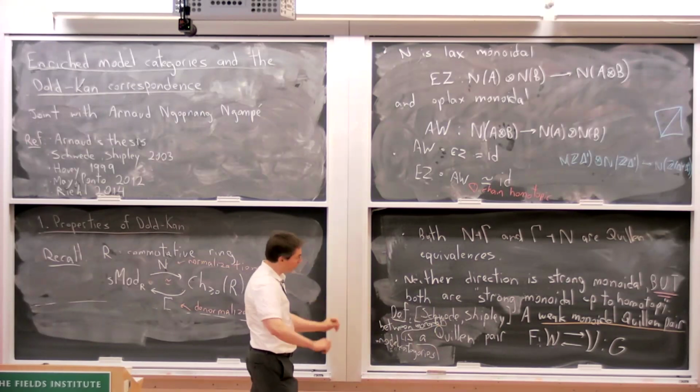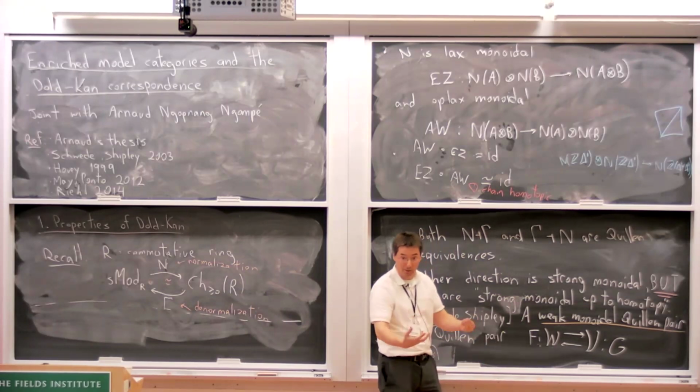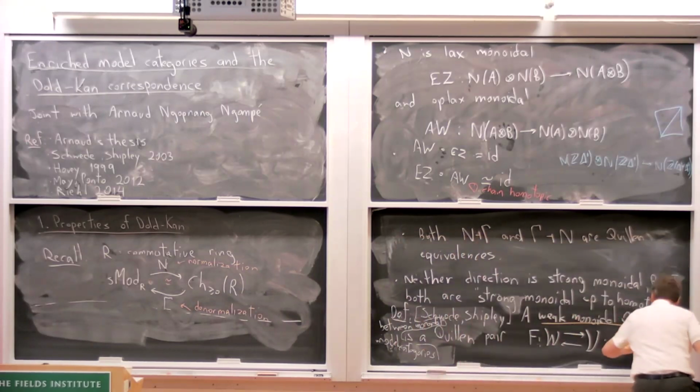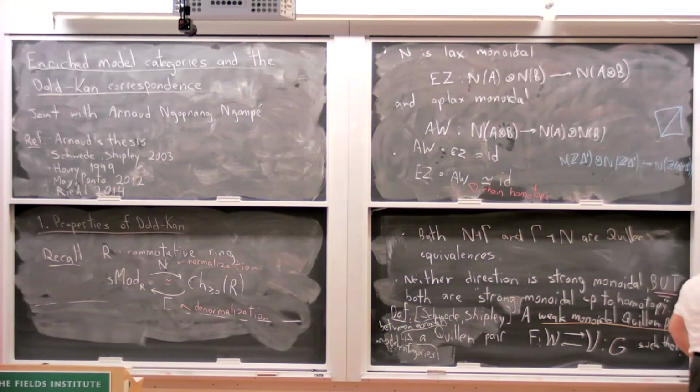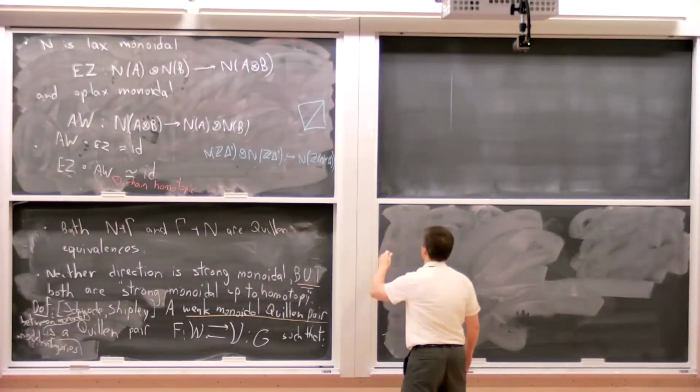All right, V and W are monoidal model categories, and we want to compare their homotopy theories in a way that takes into account the monoidal structure. So what do we assume? What we want is the right adjoint to be lax monoidal.